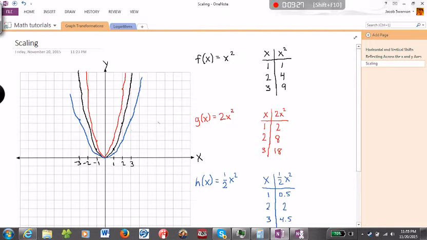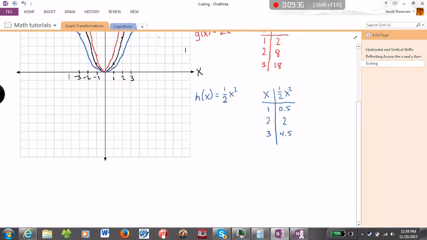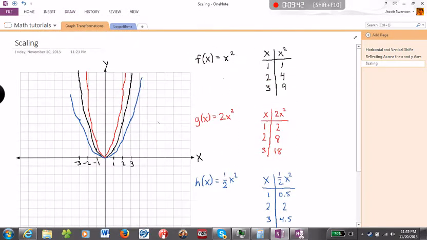These points all lie outside of the original graph of x squared. So, just as a summary, we plot regular x squared, we get the black curve. This is the parabola x squared.